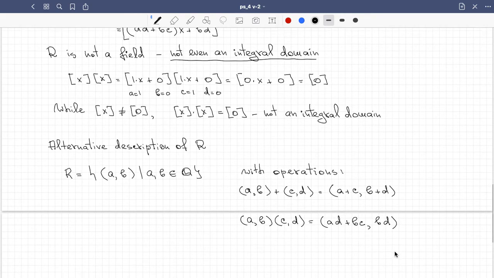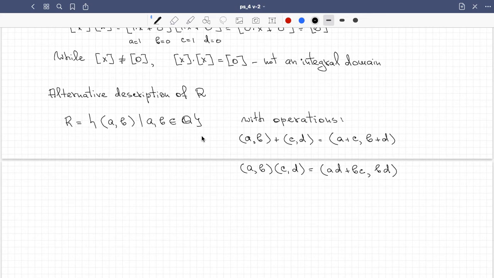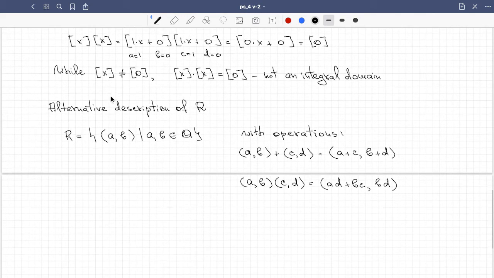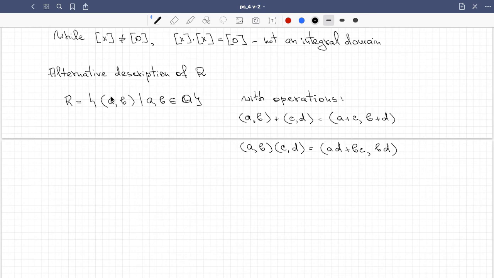With this operation, this is a ring, as we know, because this is nothing but an alternative description of this ring. A commutative ring, you can see it easily from the symmetry of this multiplication.